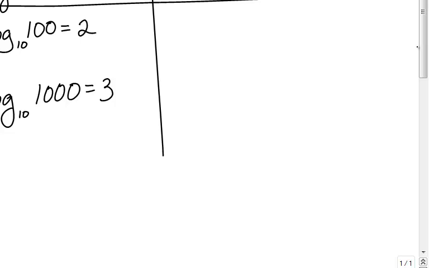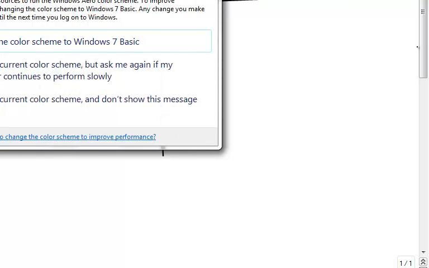Okay, now on the calculator, if you look in the far left column, you should find the LOG, and the next one down is LN. LN is natural logarithms. You won't get into that till next year.